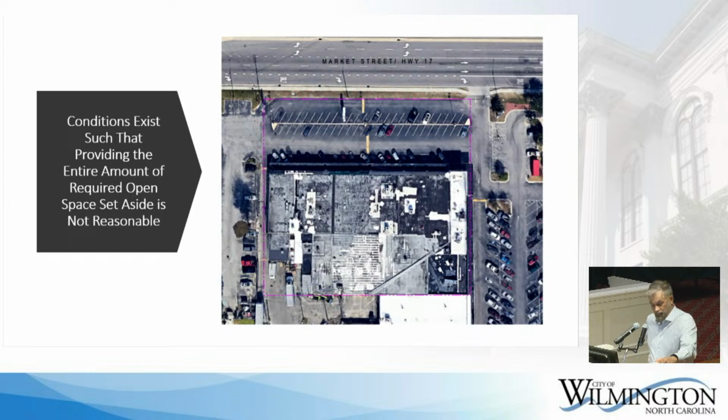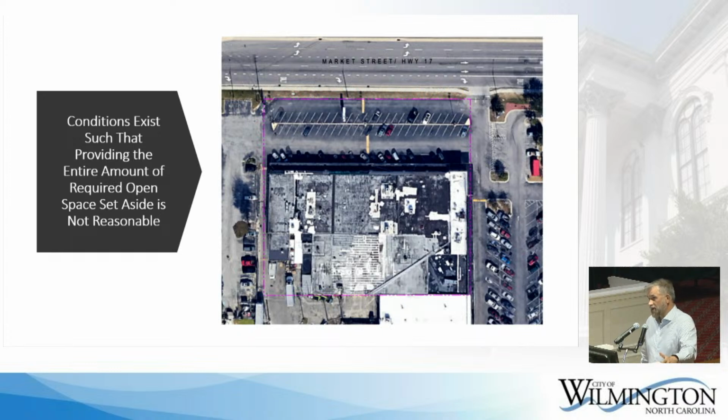So that provision provides that when conditions exist such that providing the entire amount of required open space set aside is not reasonable and the recreational needs of the development can adequately be met, you are authorized to allow for a payment in lieu or a reduced payment in lieu accordingly.